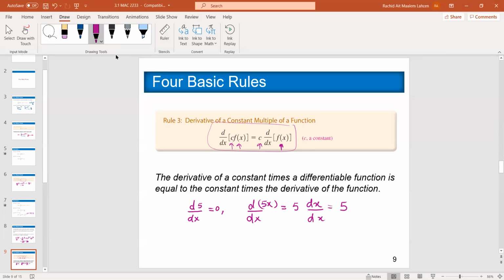Let's say d/dx of 8, of course, if it's just 8, that's 0. But if I have d/dx of 8x squared, that's 8 times the derivative of x squared, which by the power rule is 2x. So the answer is 16x, right?